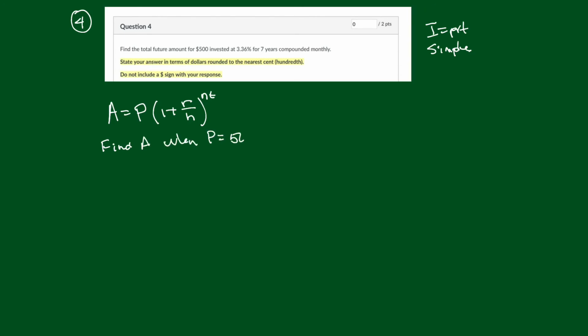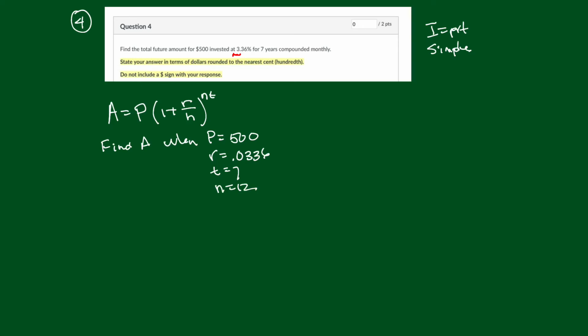So what I'm trying to do is find A when P, the amount we invest, is $500. R, the interest rate, is 0.0336, right? 3.36, make it a decimal, so I move that decimal point over 2 places. And then T goes for 7 years. And we're compounding monthly. That means N is 12, right?